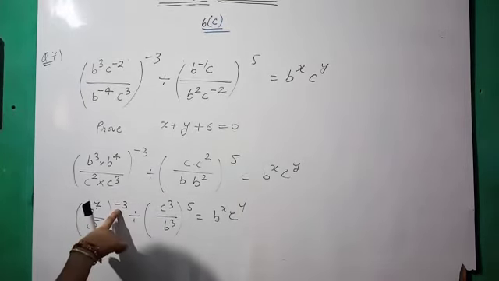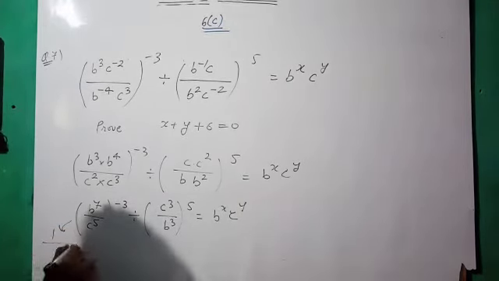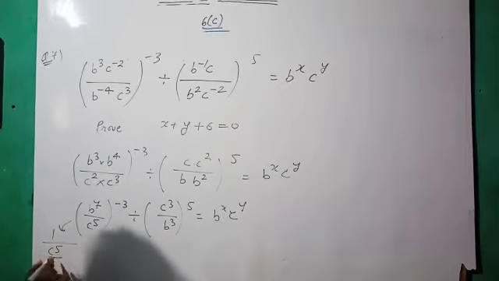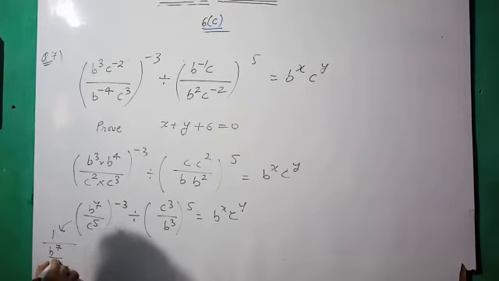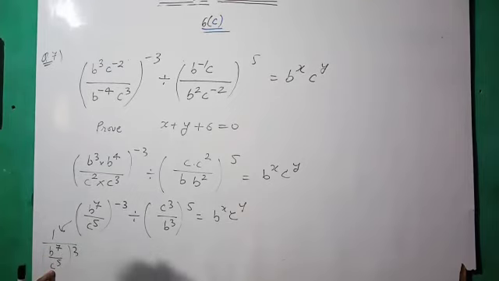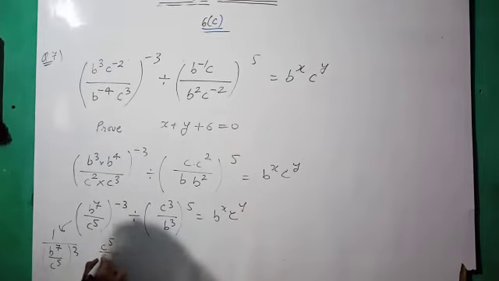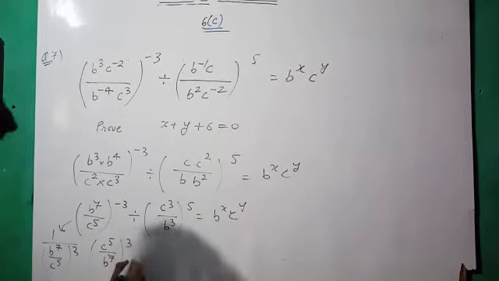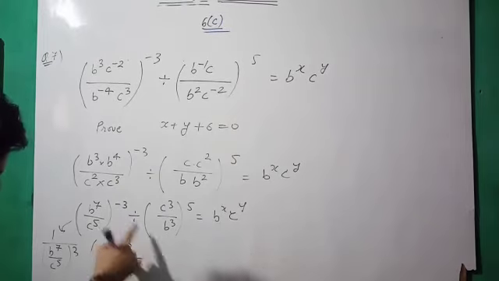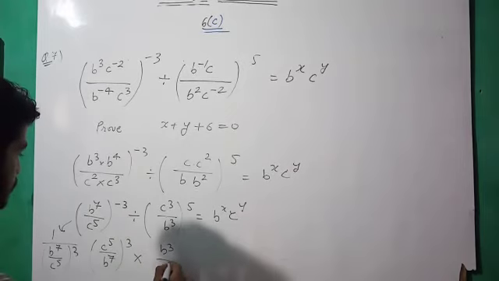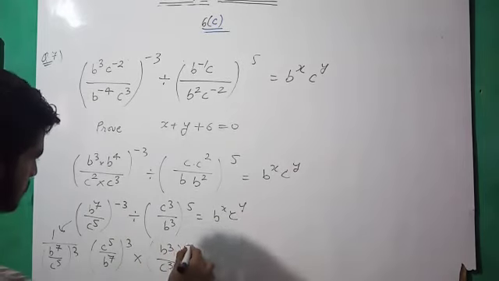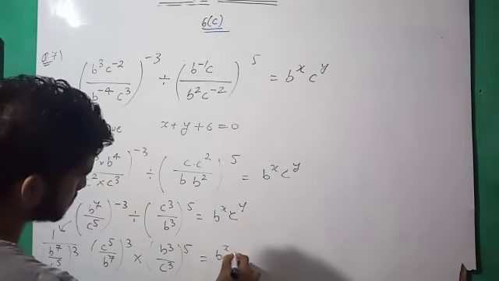We can convert this as 1 upon c to the power 5 upon 1 upon b to the power 7 upon c to the power 5 whole power 3. Then we reciprocal this, so we can write it as c to the power 5 upon b to the power 7 whole power 3, two times reciprocal. And we also reciprocal this. Multiplying, we can write b cube upon c cube whole power 5 equals b to the power x, c to the power y.